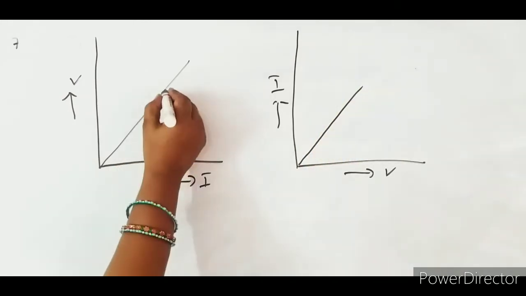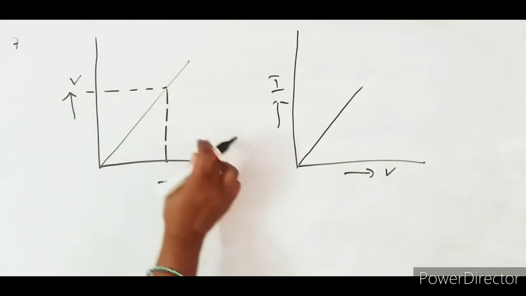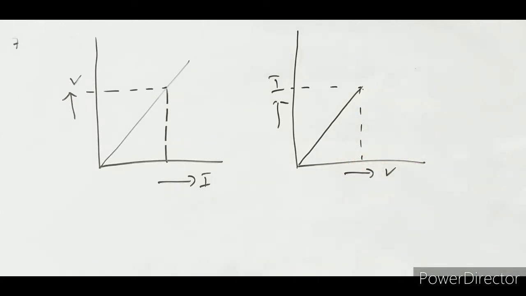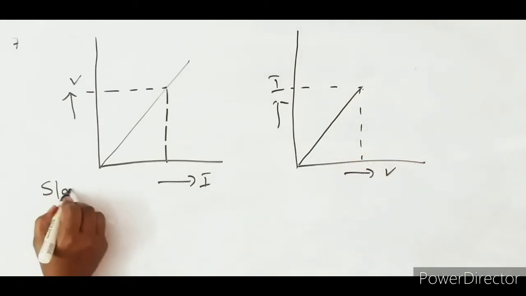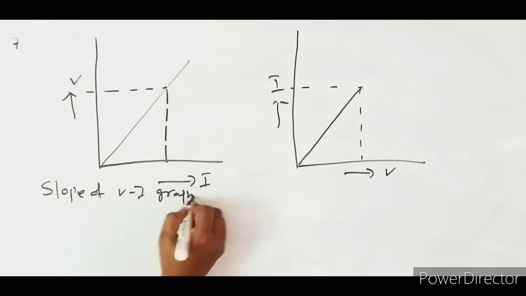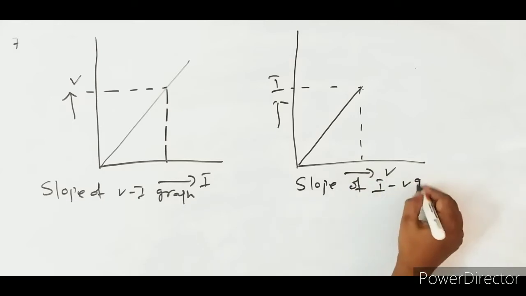Now let us draw a slope here: this is the slope of the VI graph, and this one is the slope of the IV graph.